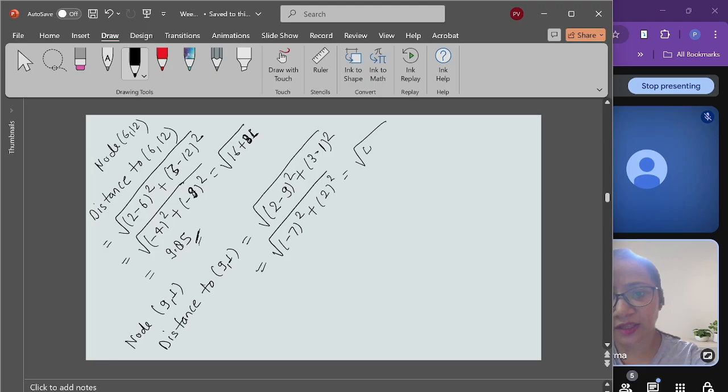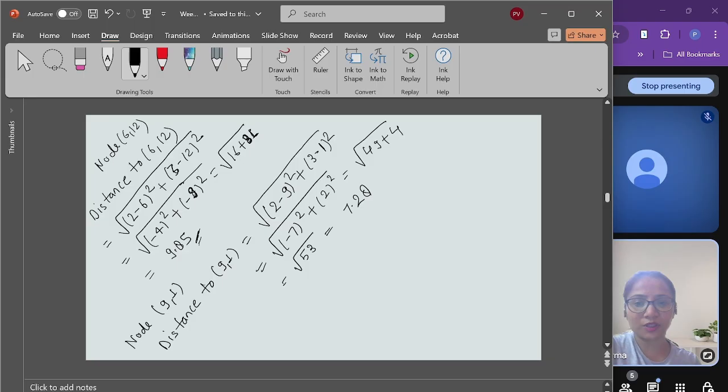So we have calculated the distances from most of the given points. Now just compare all the distances we have calculated to get the shortest or lowest distance from the point 36, the query feature vector. For this node we have got 3.16.